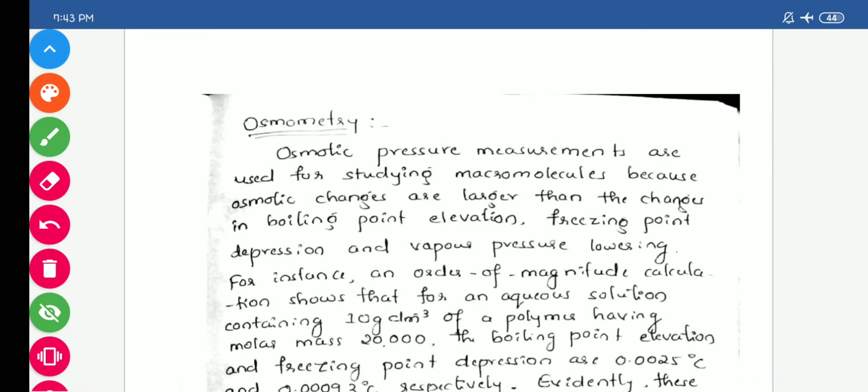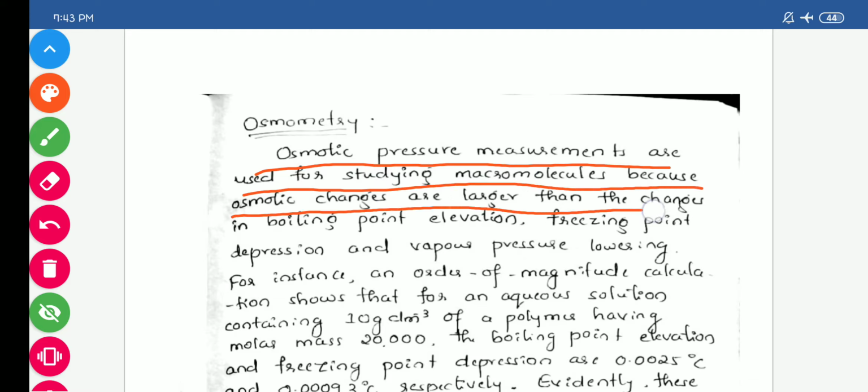Here the osmotic pressure measurements are used for studying macromolecules because osmotic changes are larger than the changes in the boiling point elevation, the freezing point depression and the vapor pressure lowering. These are the colligative properties. What do you mean by colligative properties?